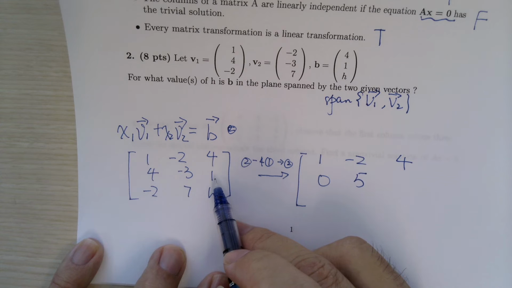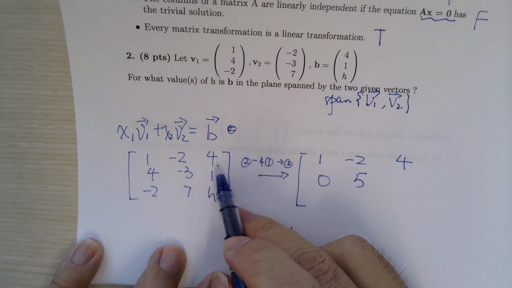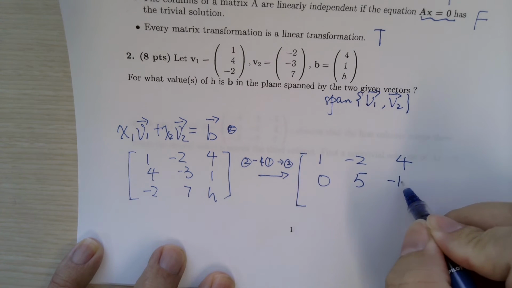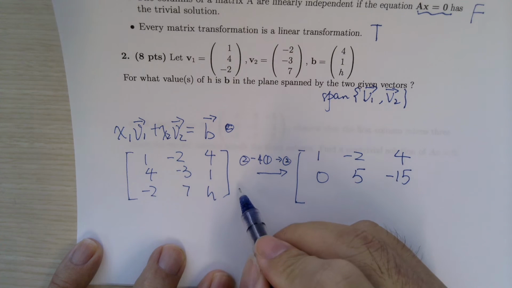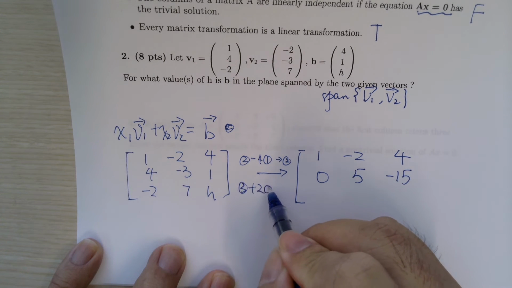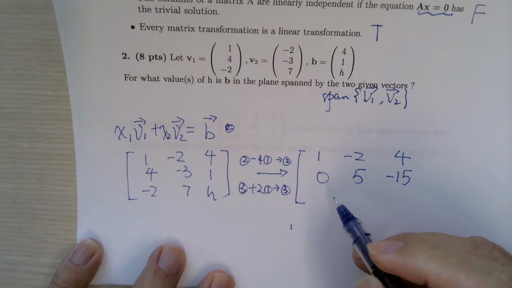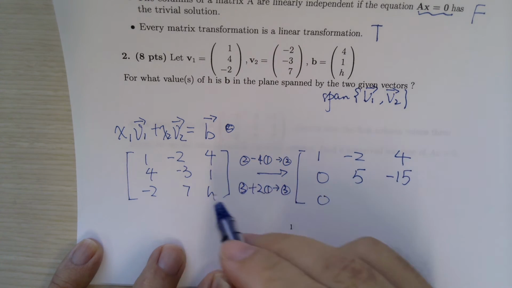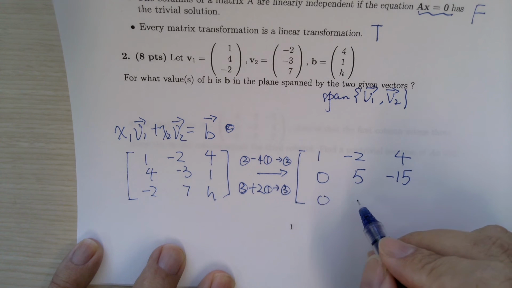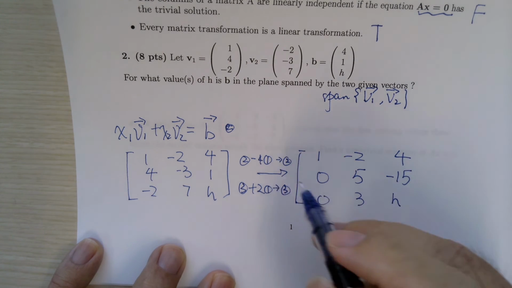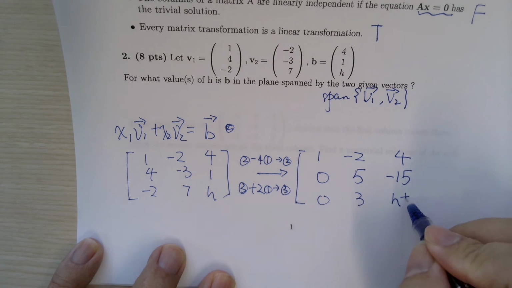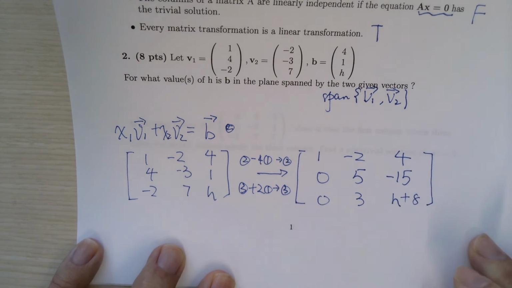And 1 minus 16 gives us negative 15. Okay, if we continue, we use row 3 plus row 1 as the new row 3, and this part is a 0. So this will give us 3, right? And then this is h plus 8.